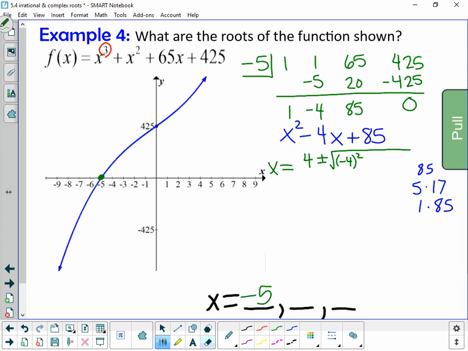Be careful if your b is negative, you need it in parentheses, or you will have a sign error that will cause you to get the incorrect answer. So -b plus or minus the square root of b squared minus 4 times a times c, and that's all divided by 2a.